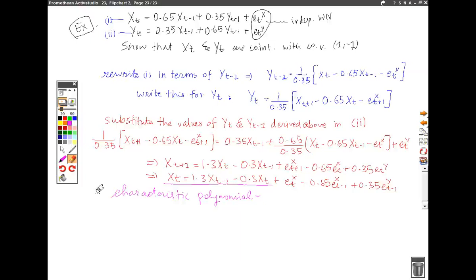Wait. Wow, I'm so bad at even copying. I have 1.3 xt here, and I have minus 0.3 xt minus 1. So yeah, it should be xt minus 2. Thank you.